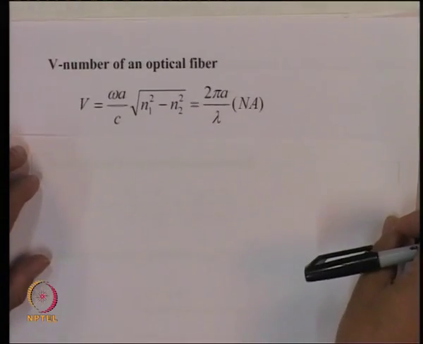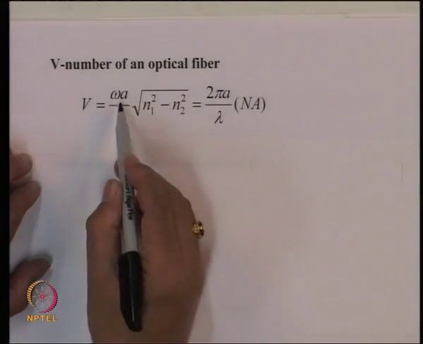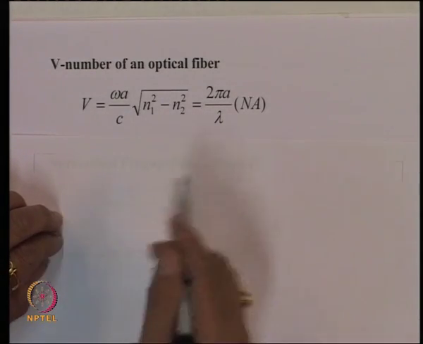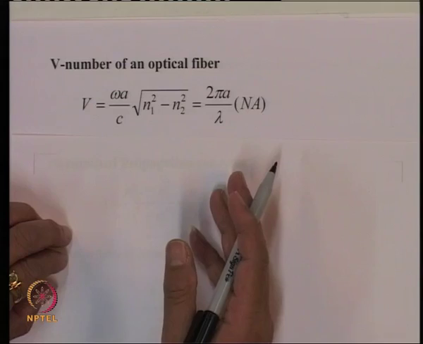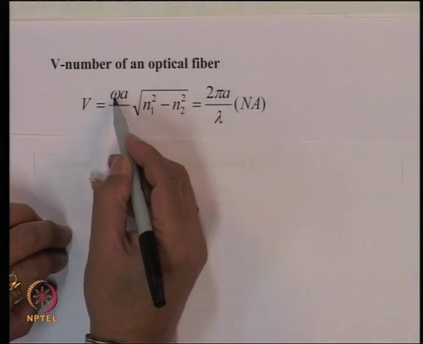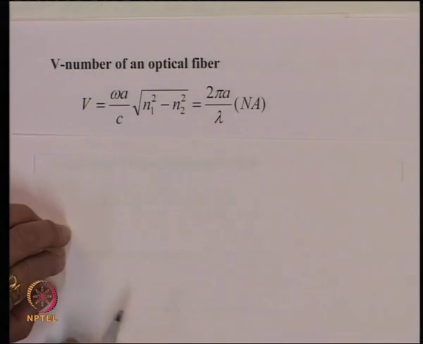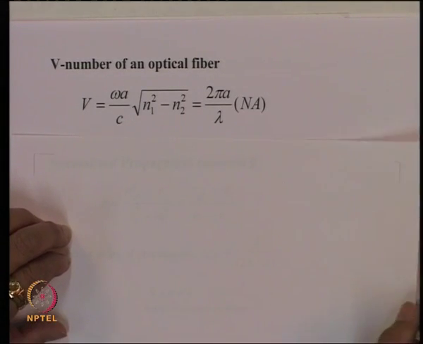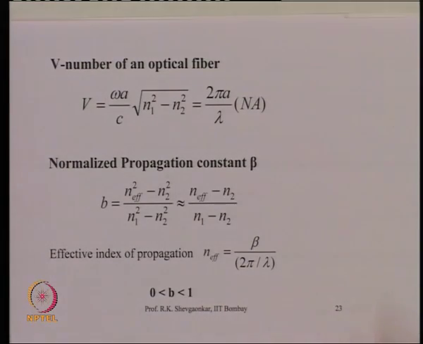And what we have found here is that this V number is proportional to frequency. So except for the proportionality constants, for a given fiber we can use the V number in place of omega. Similarly for beta, we can define a parameter called the normalized propagation constant, which can be defined like this.